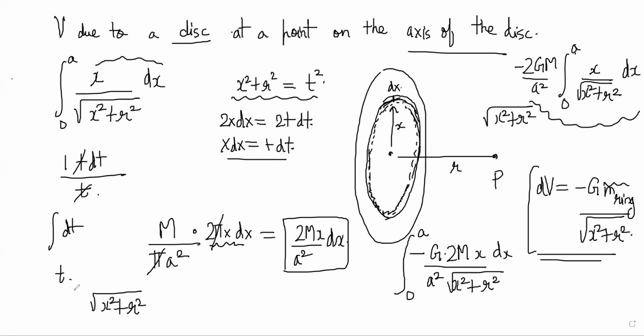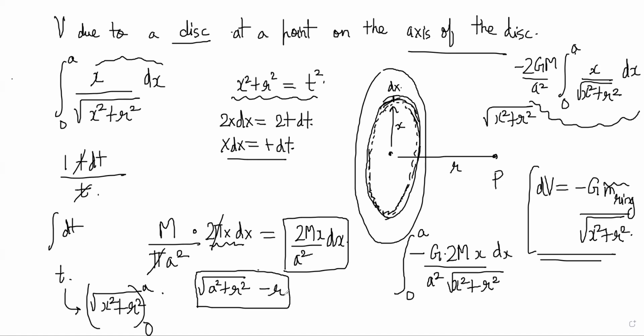I have done the integration by changing the variable. Now I have put back the old variable and I have to put the limits. If you put the limits, it will be root over a square plus r square minus r.